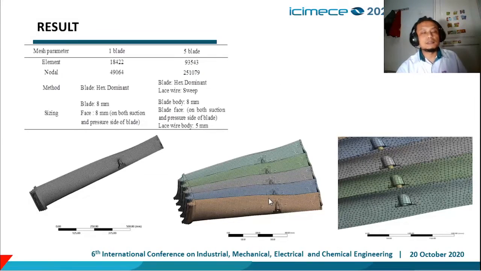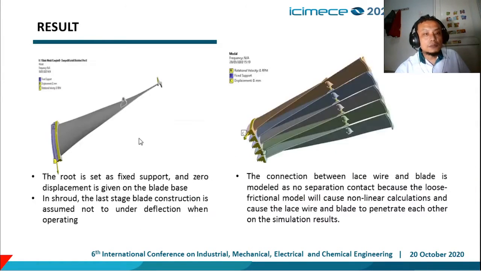This is the result of the meshing setup. The method is hex dominant for 1 blade and 5 blade. Lashing wire sweep. Blade body and face is 8 mm. This is how we set up the modal analysis. The root is set as a fixed support and zero displacement is given on the blade base.